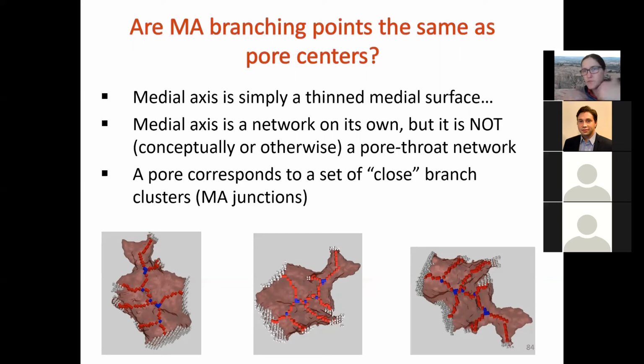So you simply don't find enough throats to define, and because of the digital errors, you have this merging of the pore spaces, and suddenly your entire pore space, or 80% of it, is in one pore, which is obviously not correct. So always finding separation of space into pores is, again, not a given, because porous materials don't think of themselves as pore-throat networks. It's a concept that we are trying to fit them into.